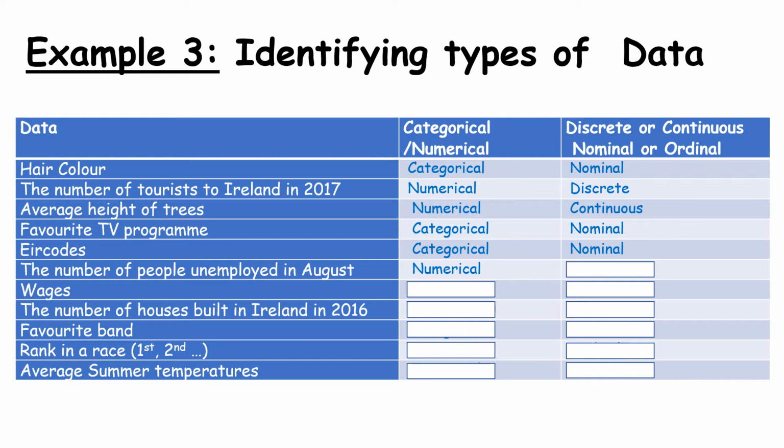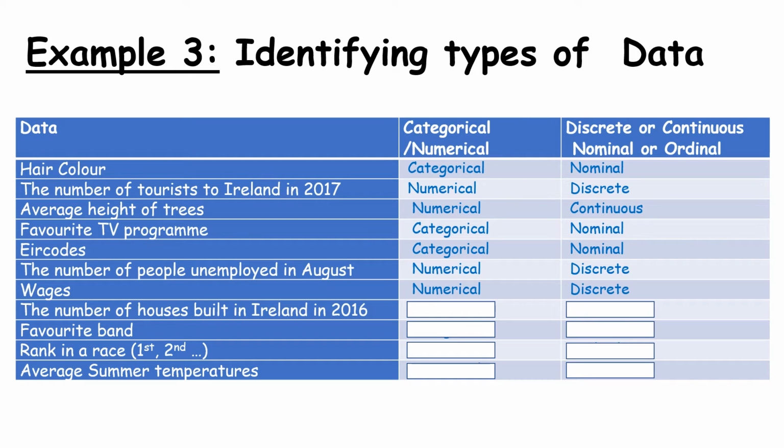So number is numerical. The number means we're counting, so it's discrete. Wages, they are numerical. Now, here again, when we talk money, we will count it, so it's discrete. It has decimal places, and that's okay, but if we think of the smallest piece of our money as 1 cent, then effectively our cents are always whole numbers.